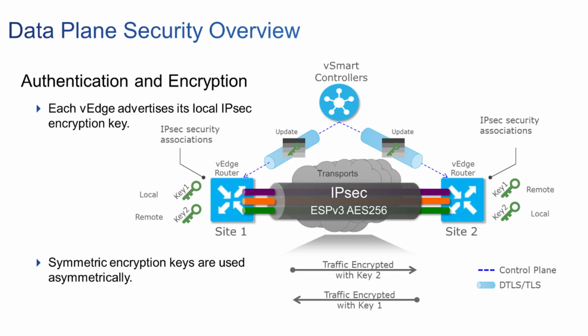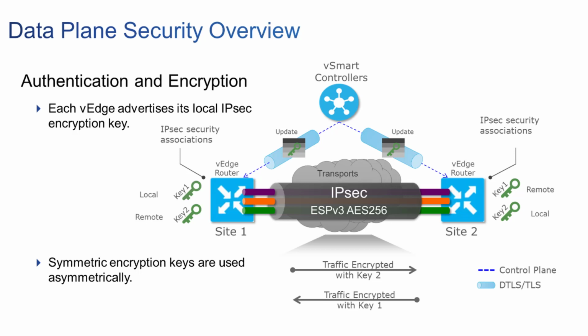The vEdge router is going to send that OMP packet, which has the system IP, the color, the encapsulation, the site ID, and the AES key to the vSmart controller. And then the vSmart controller in turn is going to forward that information to all the other vEdge routers. All right.